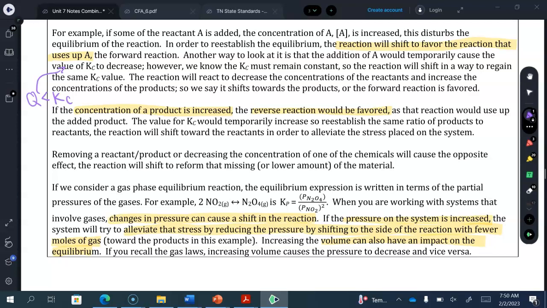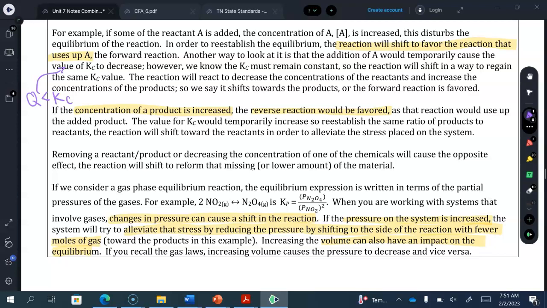However, we know that Kc must remain constant, so the reaction shifts in a way to regain the same value. The reaction will decrease the concentrations of reactants and increase the concentrations of products, so we say it shifts towards the products, or the forward reaction is favored.